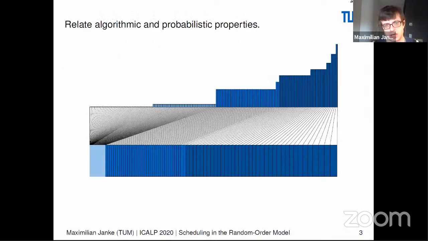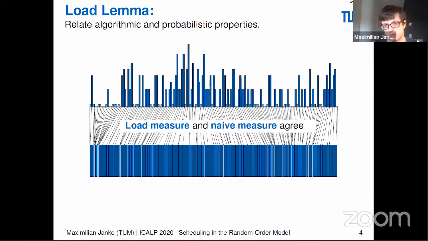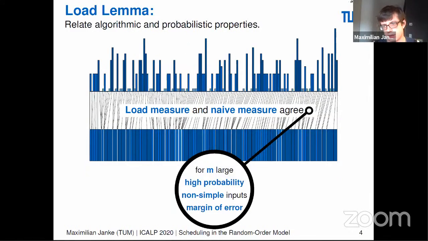So what are our main technical advantages? First of all, there's a load lemma, which we think will be essential for future makespan minimization research in the random order model, which compares basically 2 time measures, one interesting for algorithm analysis and one interesting for probability theory. On worst case sequences, they don't agree, but after random rearrangement, they do agree. That is, if we look at certain technicalities.